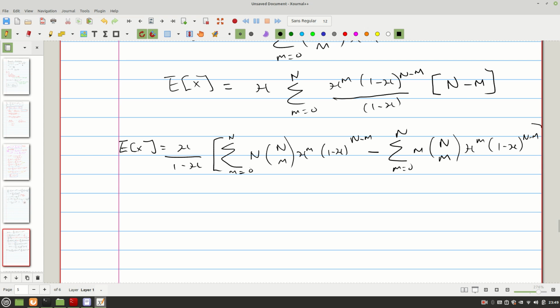So what do we see about these terms? Well, this is just the expectation of x, and if we take n out, this is just equal to 1.